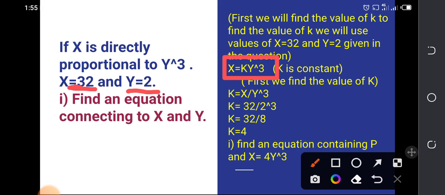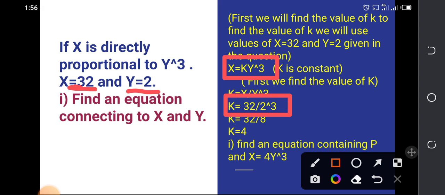This is how we will find the value of k. Now, by putting the values of x and y, which are 32 and 2, we put x as 32 and y as 2.